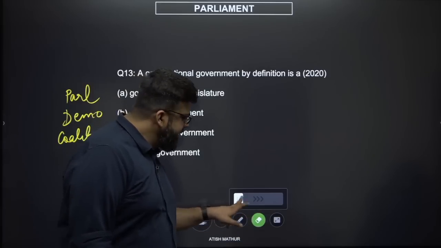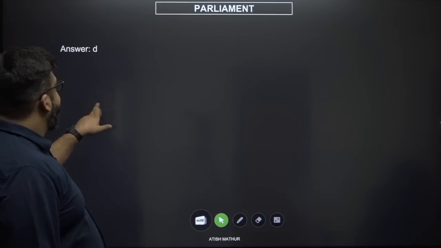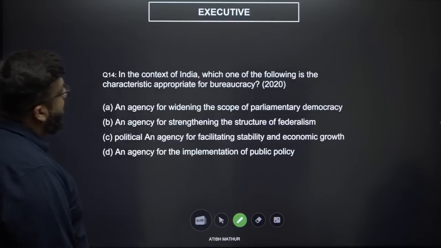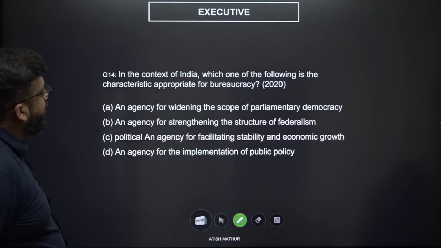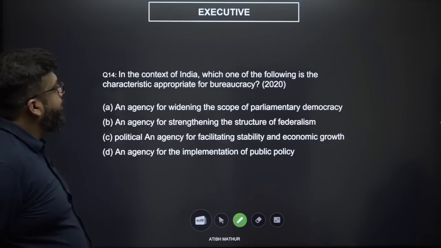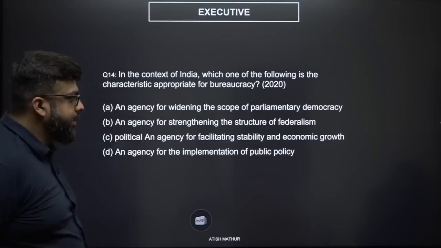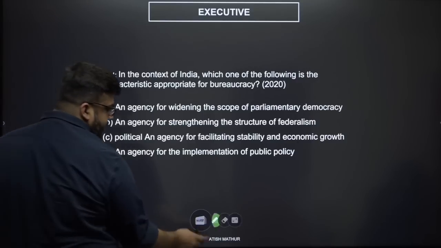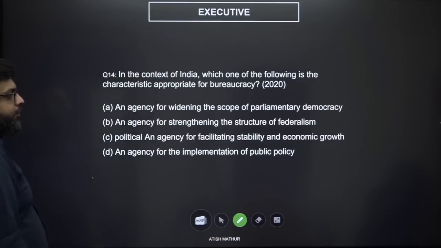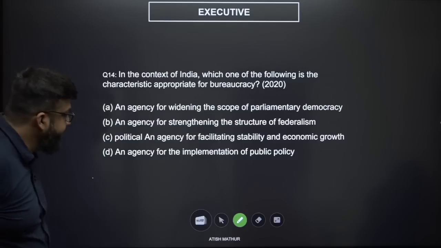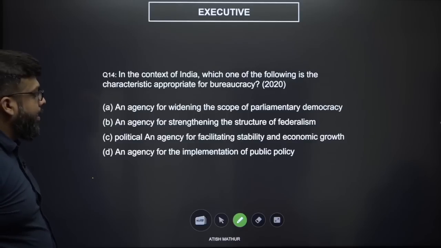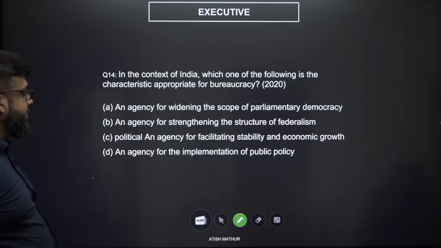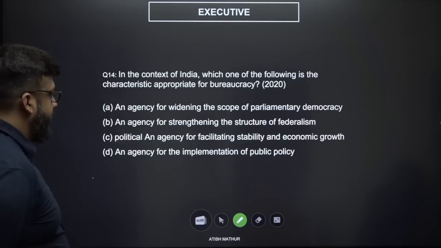Limited government. Very simple, but can be done. Question number 14. In the context of India, which one of the following is the characteristic appropriate for bureaucracy? This is for you guys. An agency for widening the scope of parliamentary democracy, an agency for strengthening the structure of federalism, a political agency for facilitating stability and economic growth, an agency for implementation of public policy.